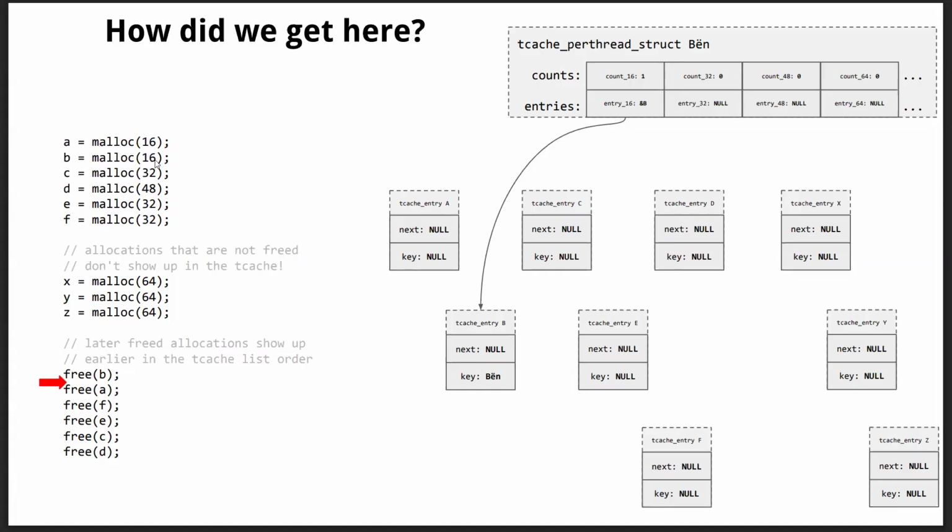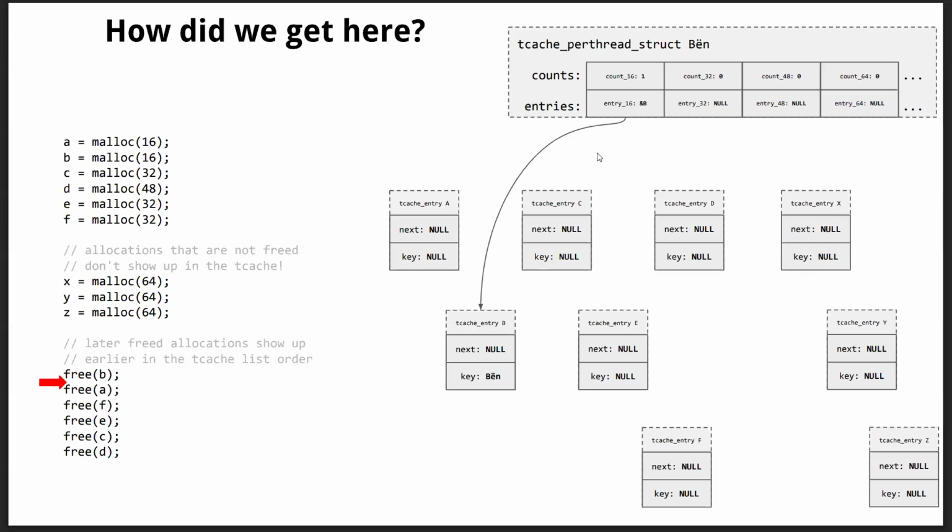It's 16 bytes. Then we put it back to this singly linked list, which means the count will be updated to 1. Now it points to B, the first and only item in this list. So the next pointer will point to just null, 0. Then the key will point back to the per-thread structure.